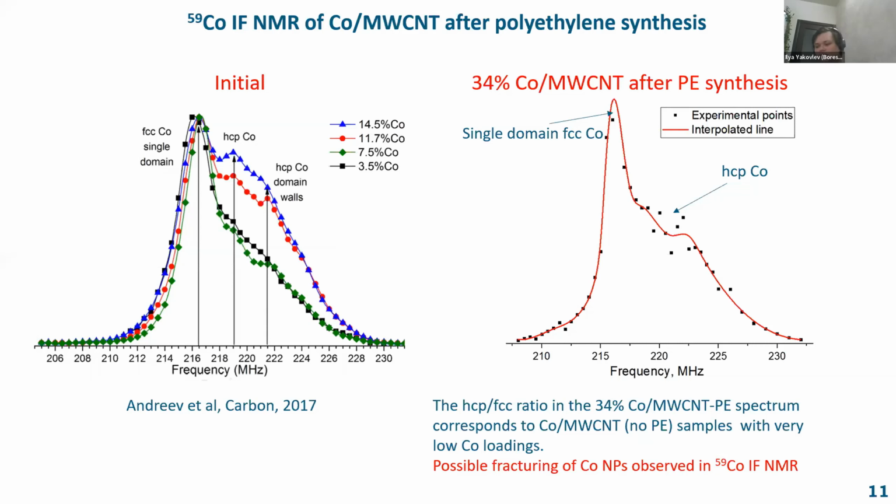So it's basically a 2D spectrum where one axis is the frequency and the second axis is the radio frequency pulse power, and these spectra are corrected for the enhancement coefficient. Yeah, certainly.